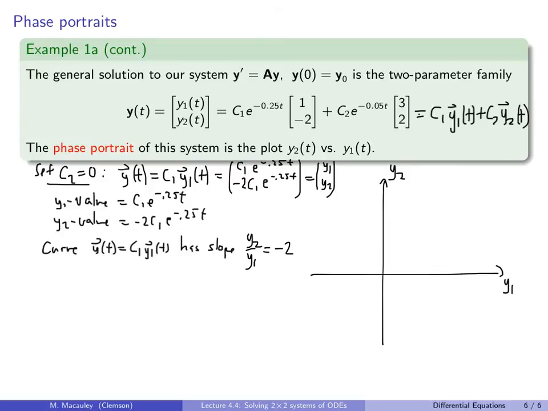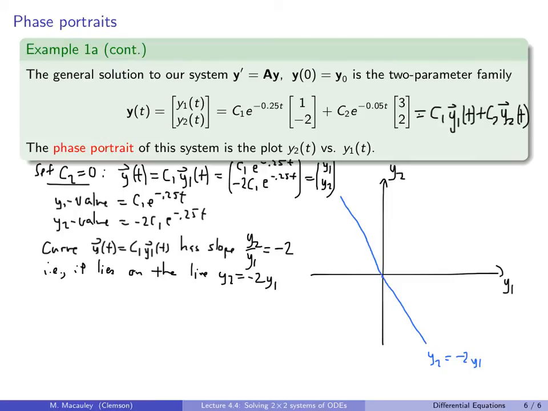So in other words, i.e., it lies on the line, make sure I say this right, y2 equals negative 2 y1. So it lies on this line. The line's supposed to have slope negative 2 and goes through the origin, so this is y2 equals negative 2 y1.